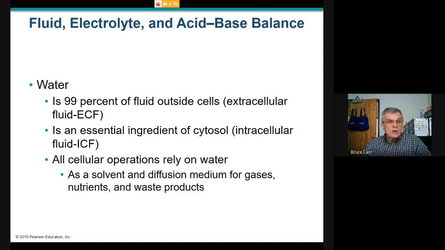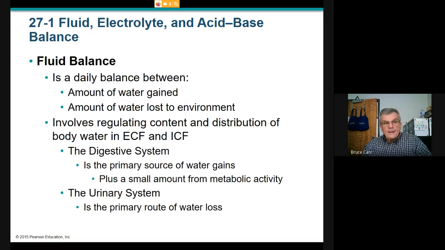So how do we study the fluids of the body? The balance of our fluids on an organism level is basically a balance between how much water we gain, the principle of that being the water we imbibe, what we drink through our digestive tract, and the balance of that with the water lost to the environment.